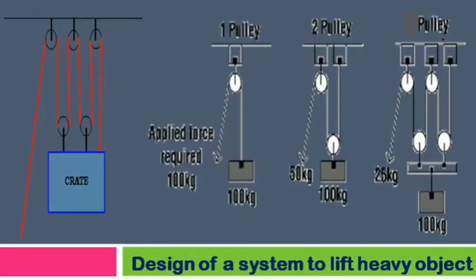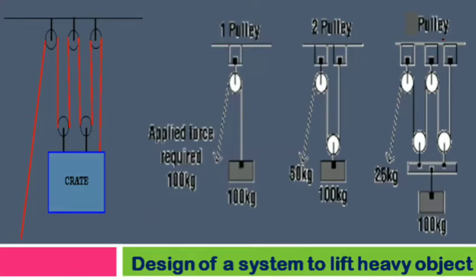Okay, there's one point to ponder, you must think about how you can design a system to lift very heavy objects or loads. Definitely we have to use pulleys for that, because it has to lift heavy loads, not run machines. To run machines we use gears.